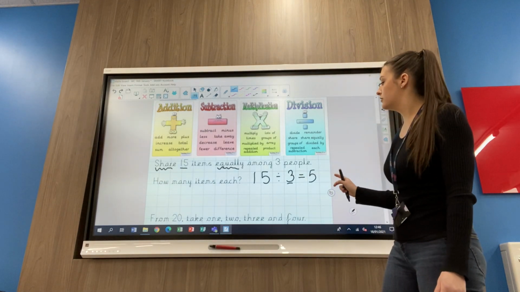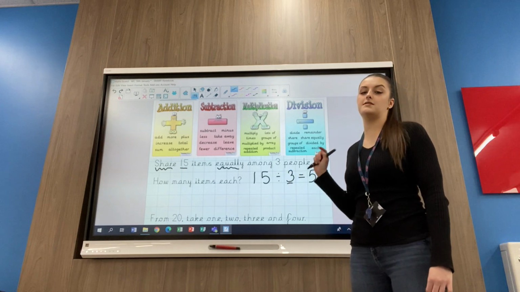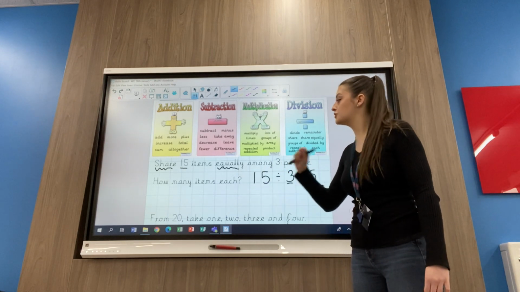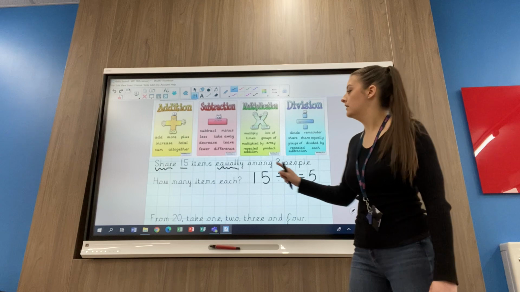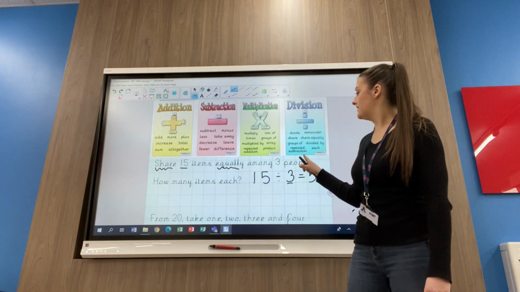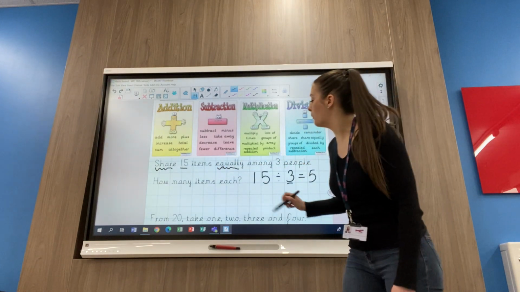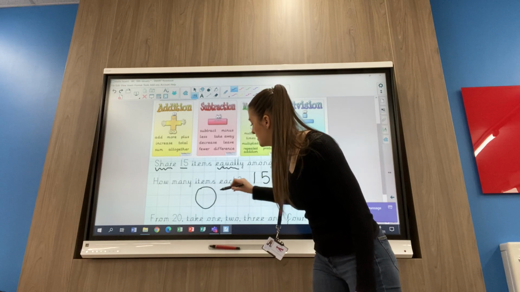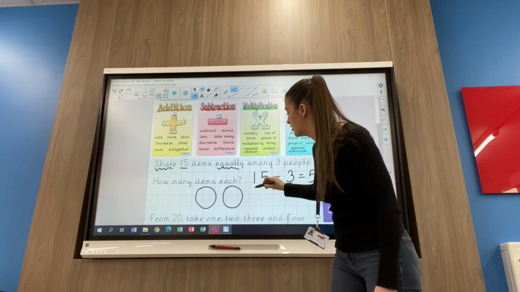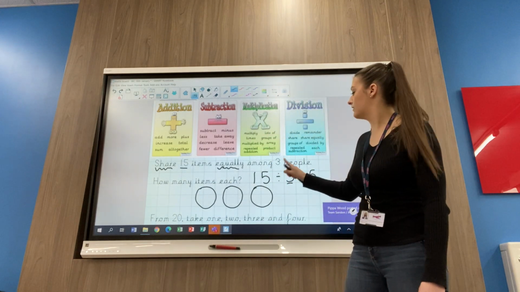If you're struggling with your divisions to count in your times tables up to the number you've started with, remember, if we're sharing 15 items equally among 3 people, we can draw our 3 groups for each person. So there's 1, 2, 3. There's my 3 people.